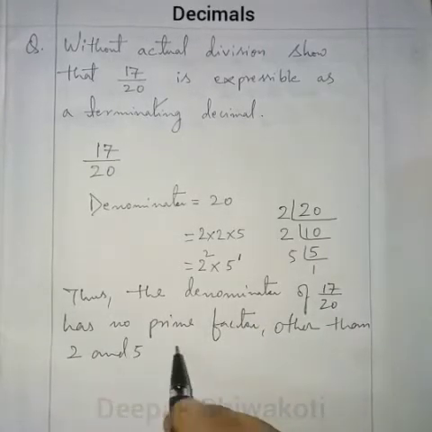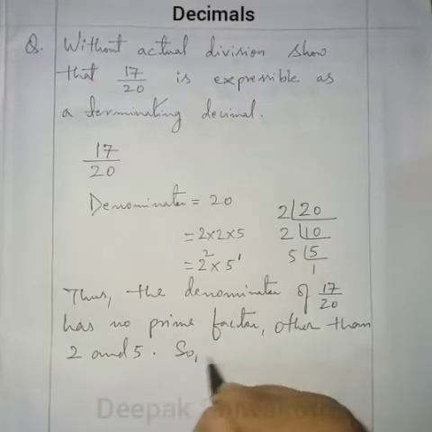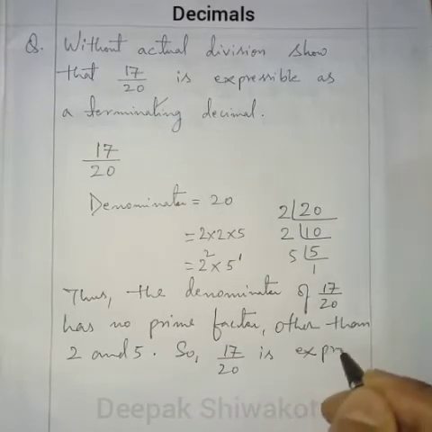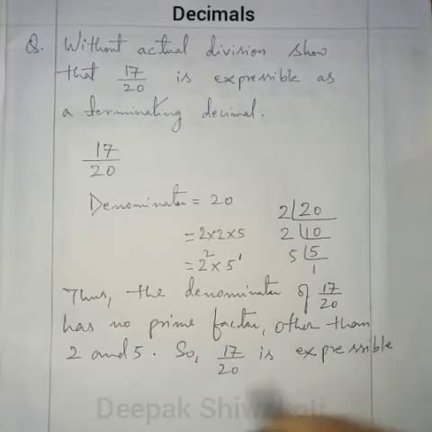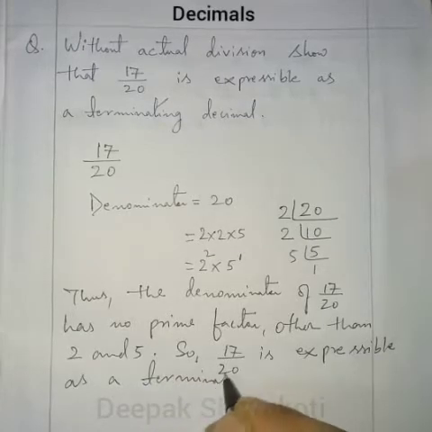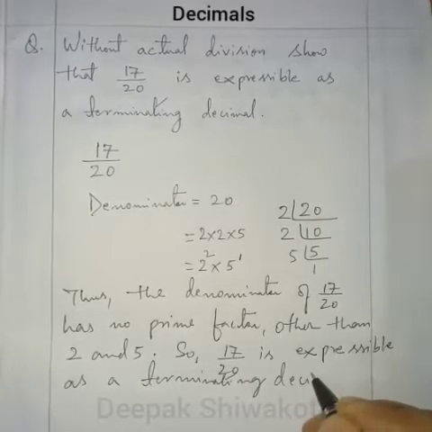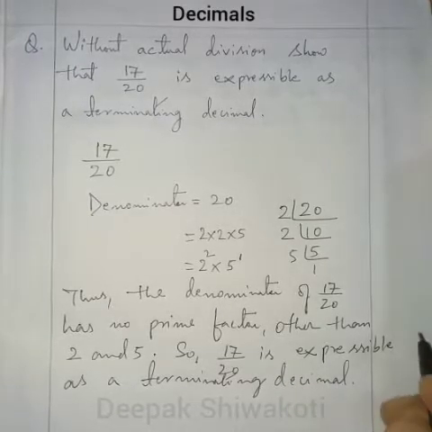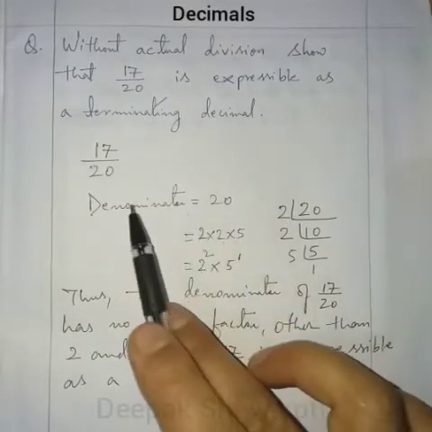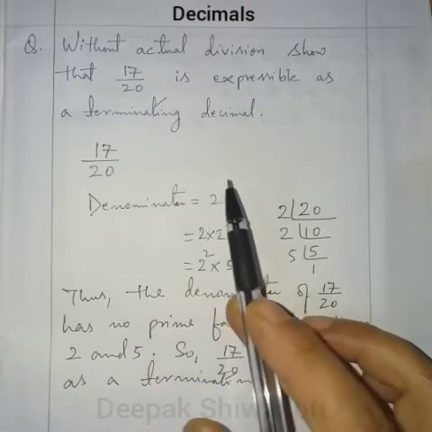Here the prime factors are 2 and 5 only. So 17 by 20 is expressible as a terminating decimal. So this is the process. Without actual division, we can show a fraction is a terminating decimal, or we can check whether a fraction is a terminating decimal or not.